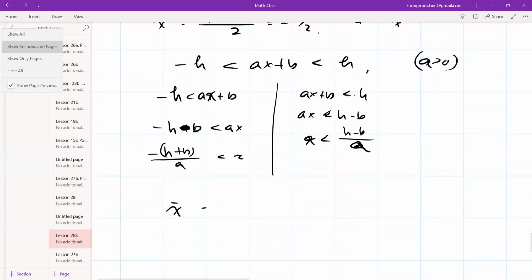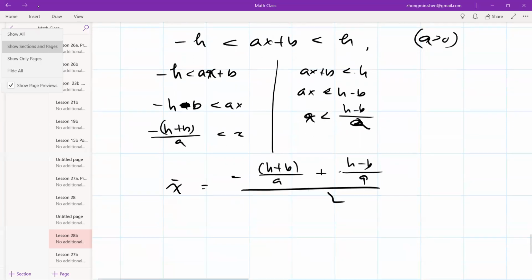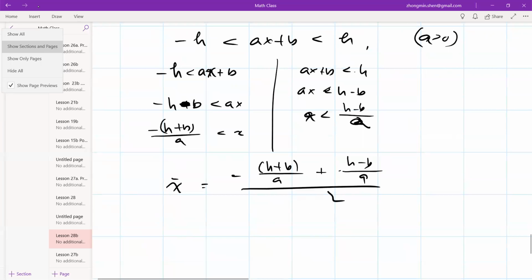So the midpoint is going to be half of the sum of those two numbers, divided by 2, right? But after you simplify it, you will get that h is gone. You will get negative h minus b plus h minus b, h is gone.